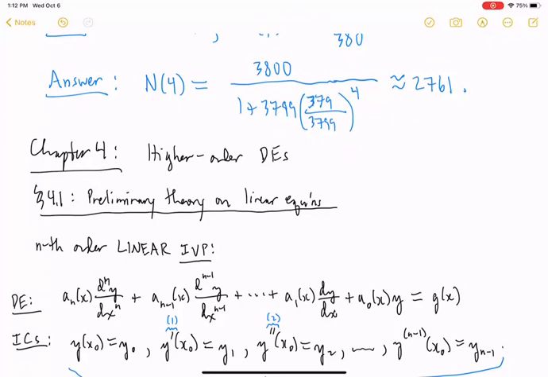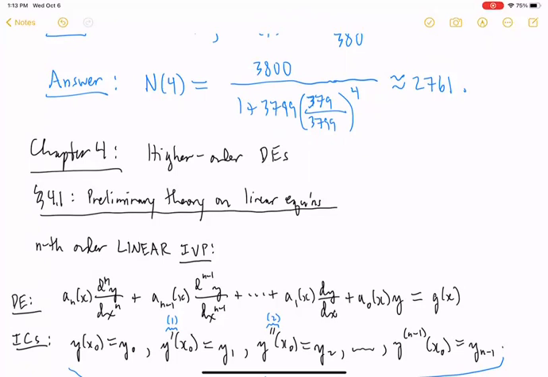That means the first derivative at x0 equals some number y1. Okay, same thing here, y double prime at x0 equals y2. You can replace the double prime with a superscript (2), okay? And so on and so forth. Where does this madness stop? Well, it stops as soon as I have n initial conditions, okay?